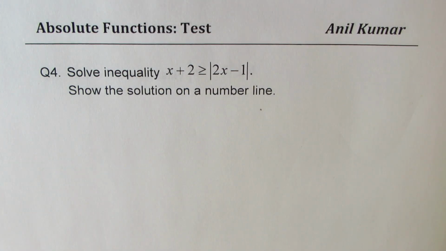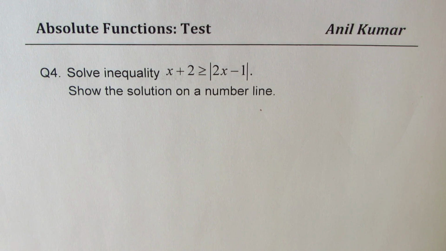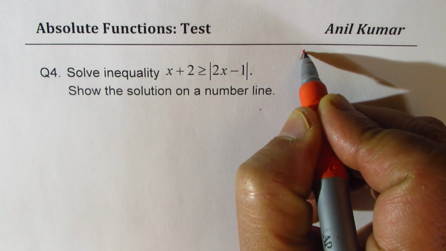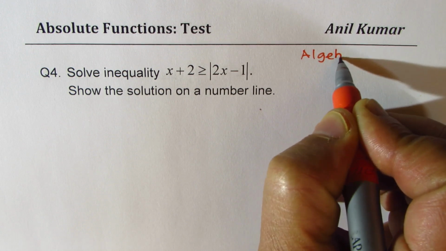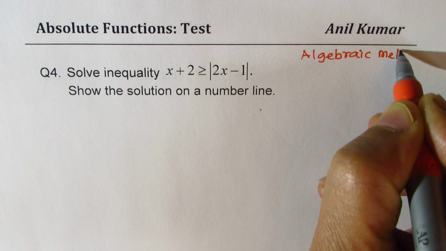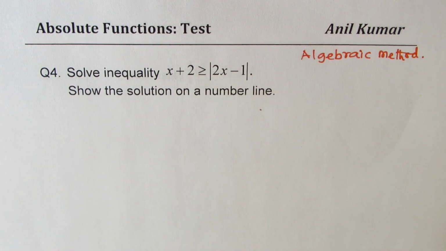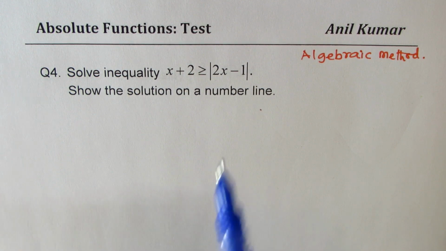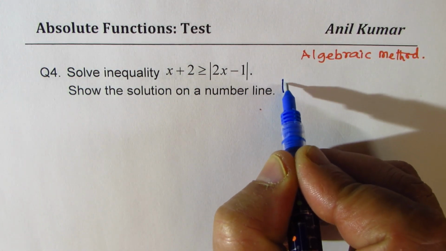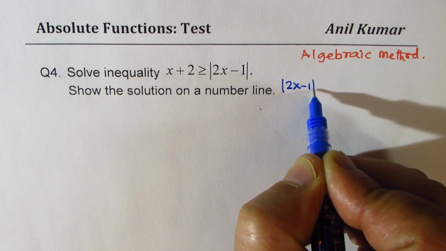Now let us try to understand how to solve inequalities where absolute functions are involved. So this time I'm going to give you a purely algebraic approach. Now we'll begin by defining our absolute function. In our case, the absolute function is the absolute value of 2x minus 1.